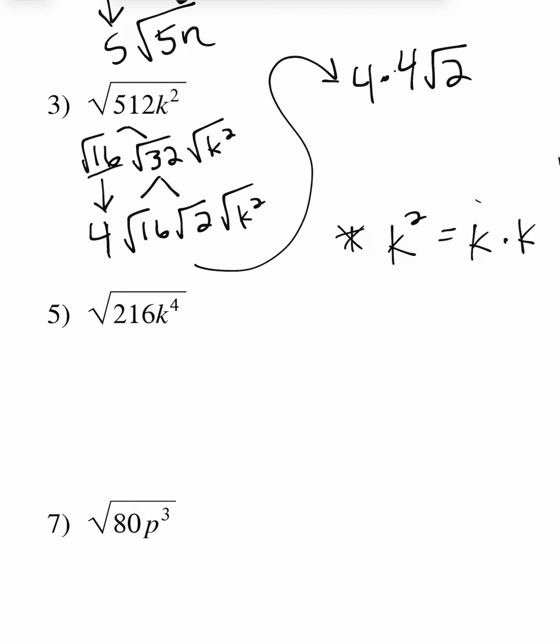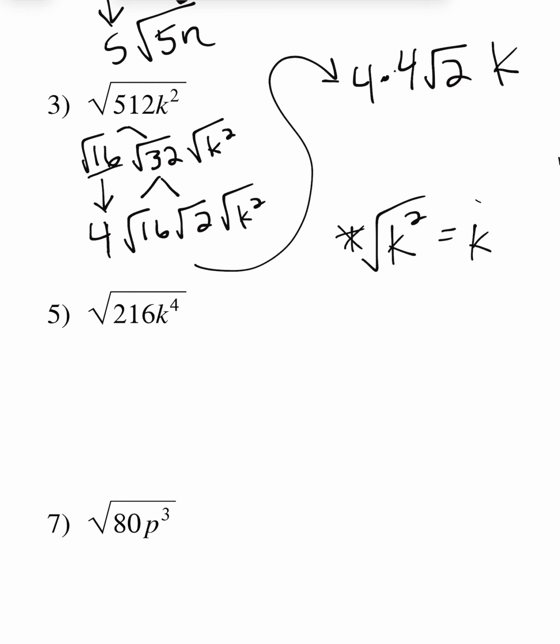All right, and remember, if 4 times 4 is 16, therefore the square root of 16 is 4, then the square root of k squared simply equals k, because k times k is k squared. So we're left with this other k that no longer has a house because the square root of k squared is k.